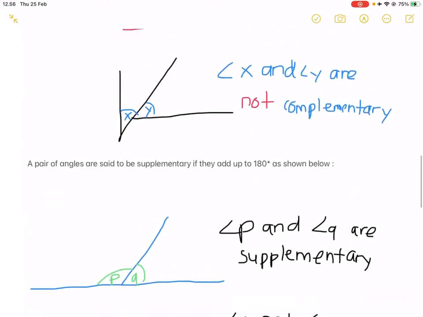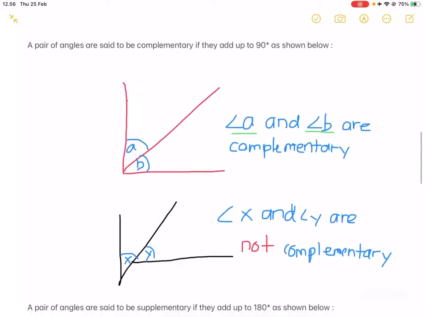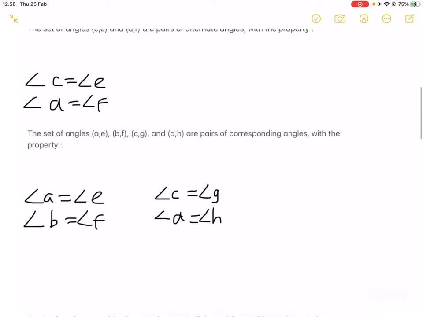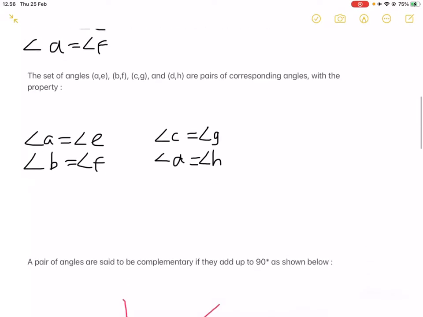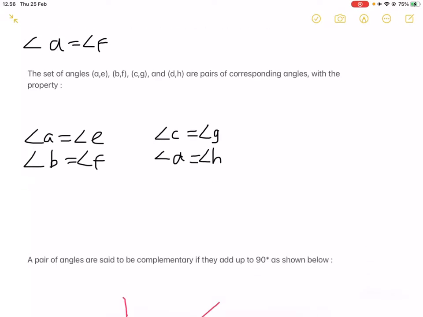That's it for the basics of this. More about these angles, specifically for shapes, will be in the next video, where I'm going to talk about angles in polygons and some special quadrilaterals.